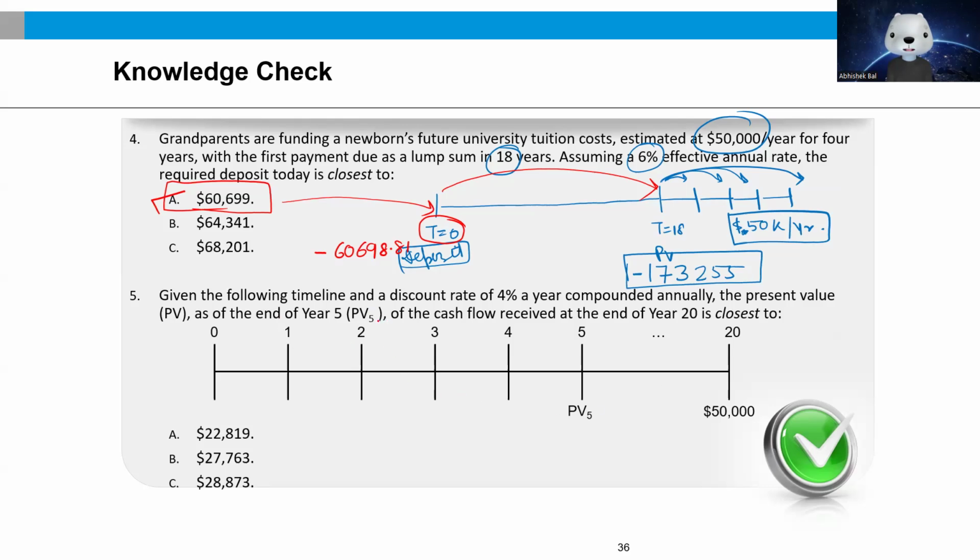Given the timeline, the next question is: given the following timeline and discount rate of 4% compounded annually, the present value as of the end of year 5 of the cash flow received at end of year 20 is closest to what? We've got a 15 years timeline out here.